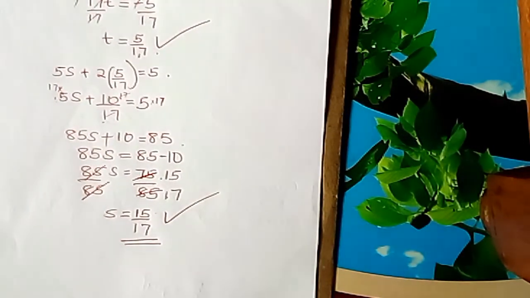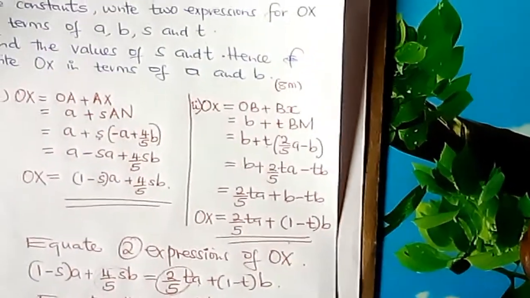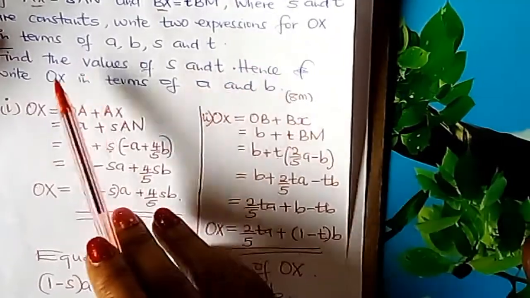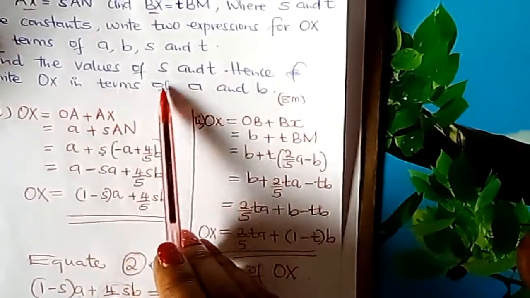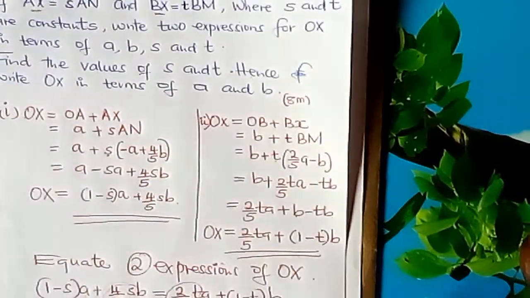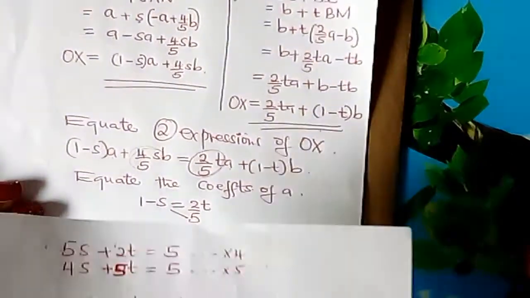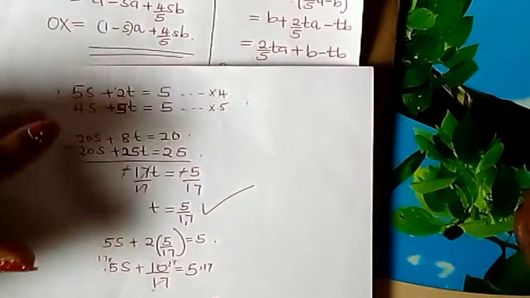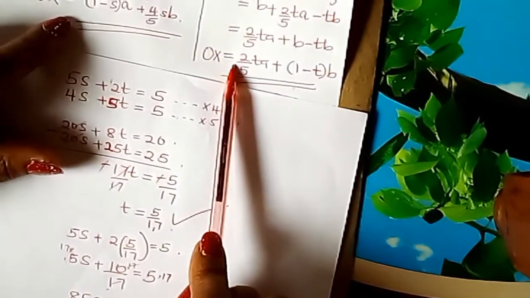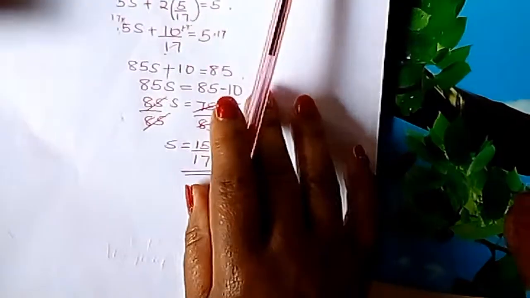From there, Lana, we go to the last step. We are almost there. What are we told here? We are told, hence, after finding the values of s and t, write OX in terms of a and b. So what you do, Lana, in this case, is that you take the first expression of OX. Let me write it here.